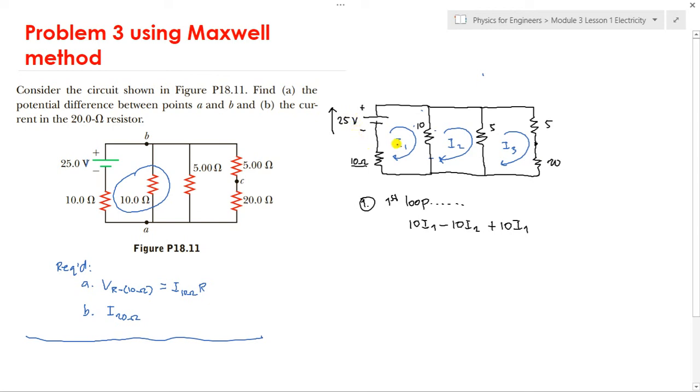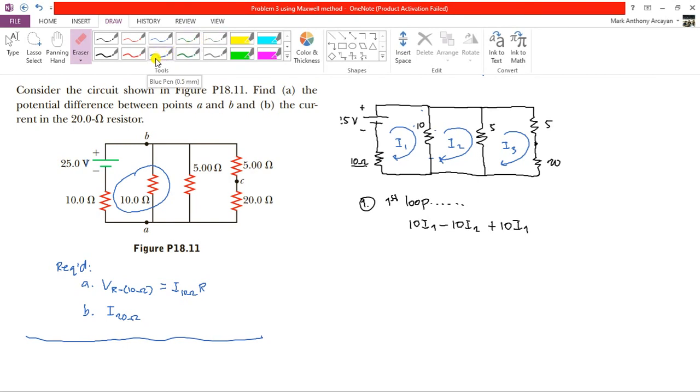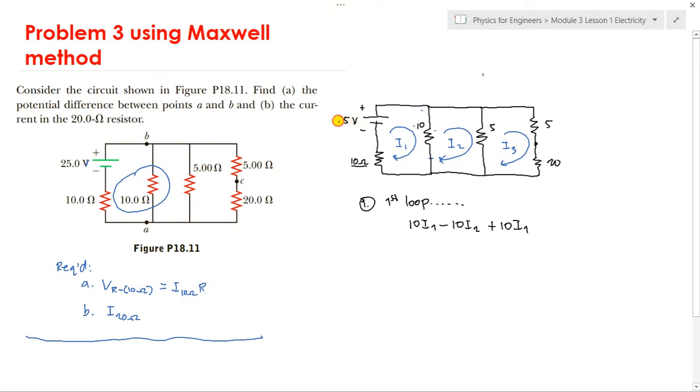Since we started at the positive terminal going to the negative terminal, therefore going from negative to positive increases the voltage, but on the other side. So here we have 25.